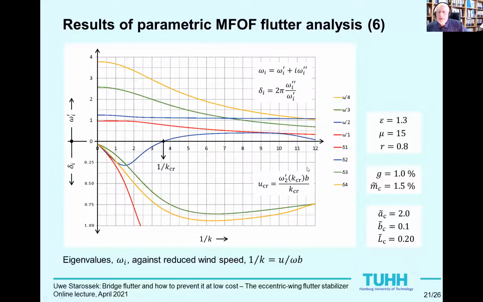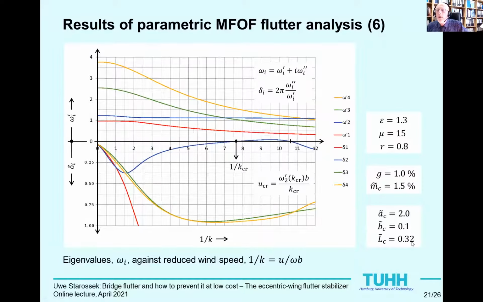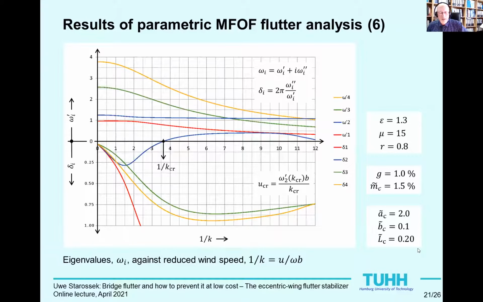The length of the wings is now increased from 20% to 32% of the length of the bridge, keeping everything else unchanged. To emphasize the differences, I'm switching back and forth between these two slides a few times. We see that the frequency branches remain virtually unchanged.